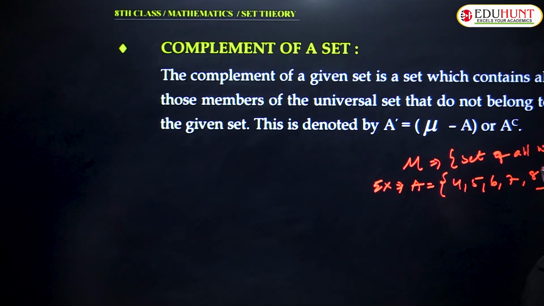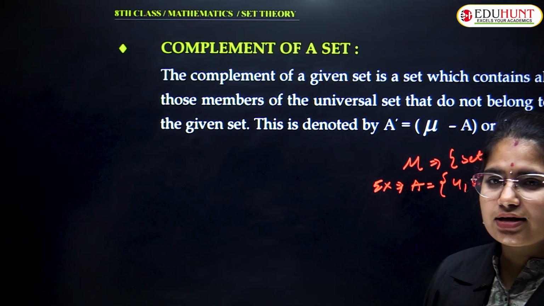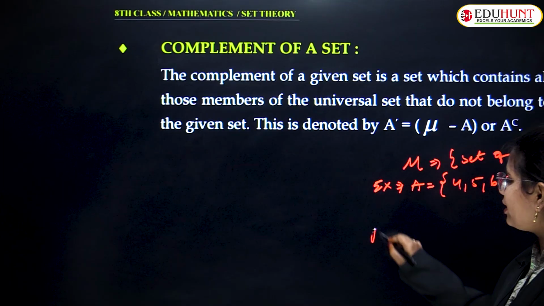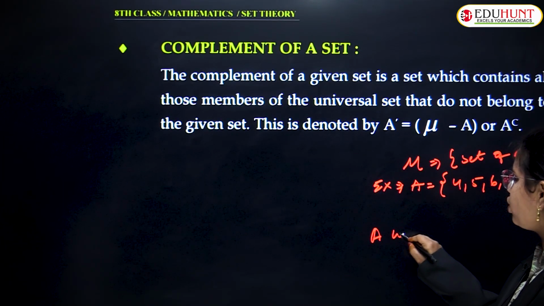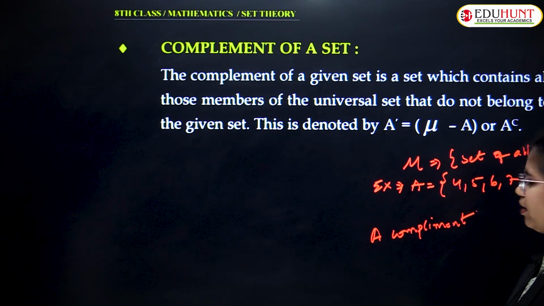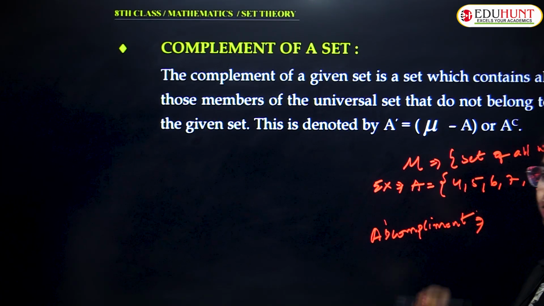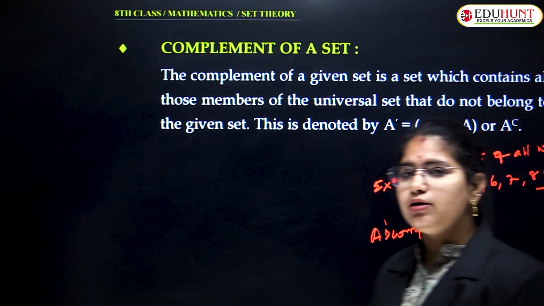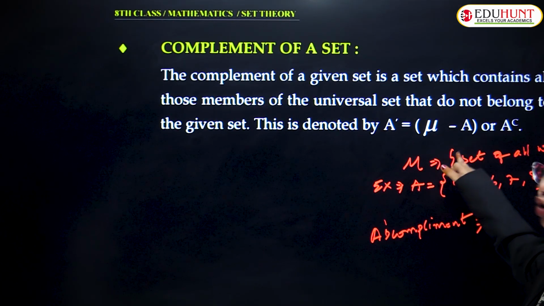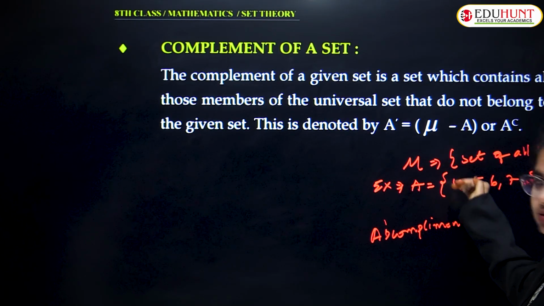So, whole numbers actually start from 0, correct? So, complement of A, how will you express A complement? See, this is a universal set which consists of all whole numbers, and this is a set which is a subset of this, correct?